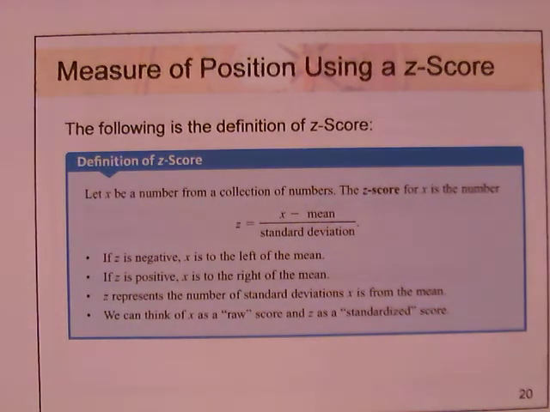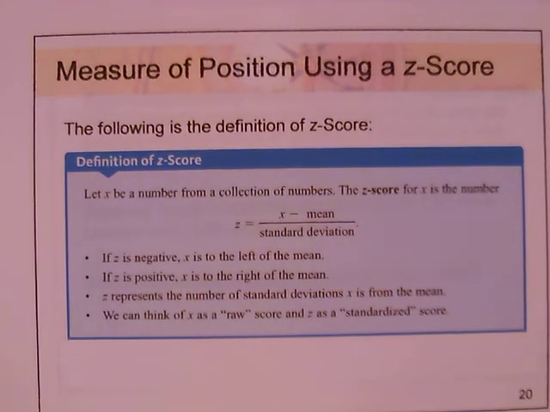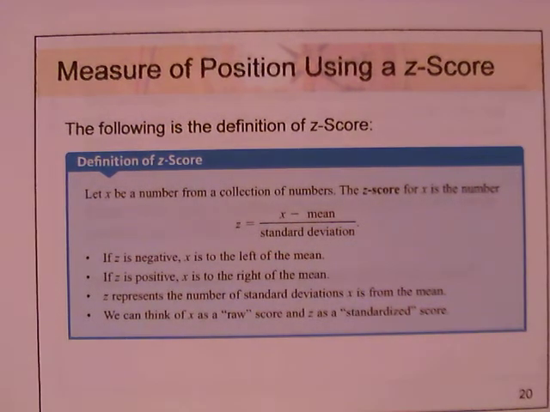The z-score for x is the number z equaling the x value that you're dealing with minus the mean. That difference will be divided by the standard deviation. And that will give you your z value. Now, if the z value is negative, that means your x is going to be to the left of the mean.